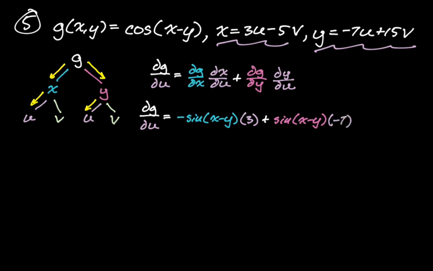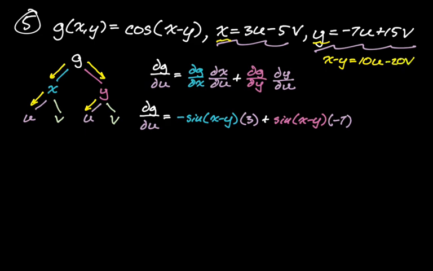And so we're not done because we want our answer in terms of the independent variables, so we really need to figure out what x minus y is. So x and y are these, so x minus y is going to be 3u minus negative 7u is 10u, and then negative 5v minus 15v is negative 20v.